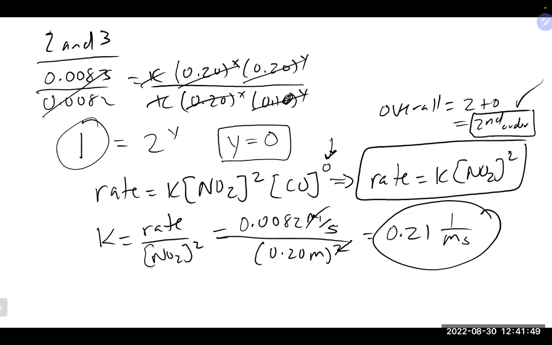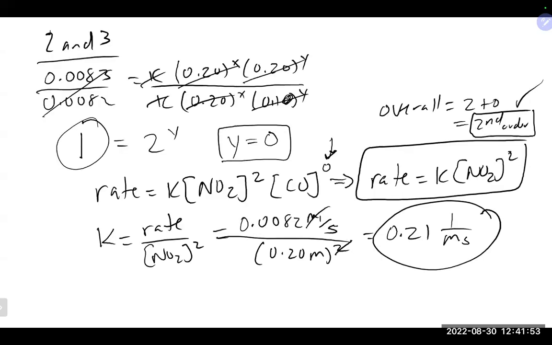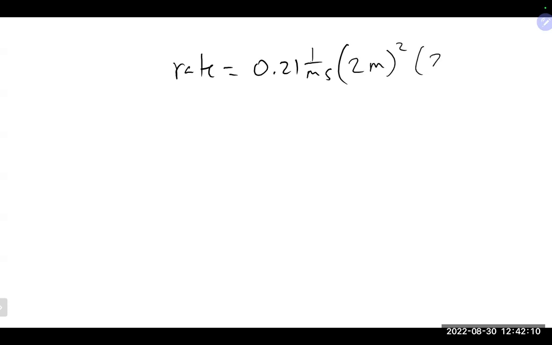So we actually have the numbers here. If we have the complete rate law, which would be 0.21, right? So the rate here would equal 0.21 times our NO2 squared. And let's just say, for example, we had 2 molar for our NO2, and we had 2 molar for our CO to start with.